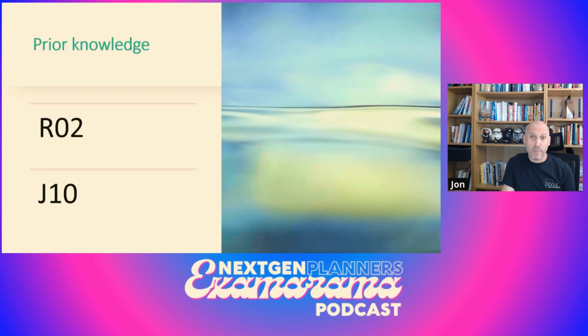If you're a CII member, you may or may not be aware of this, but they make available to you all of their textbooks, all of their study guides as PDFs for free download. So you can go onto the CII website. If you're a member, you can log on and you can actually access the study guide for J10.